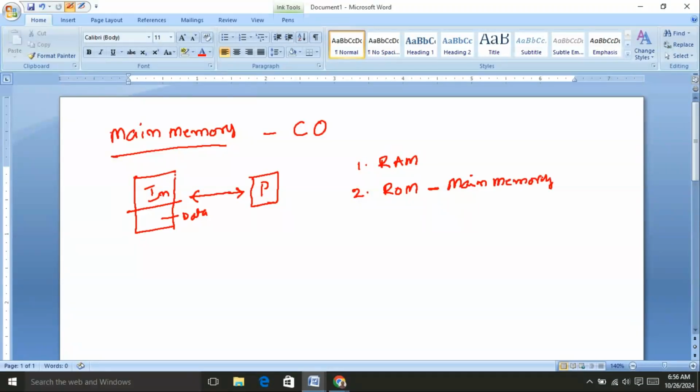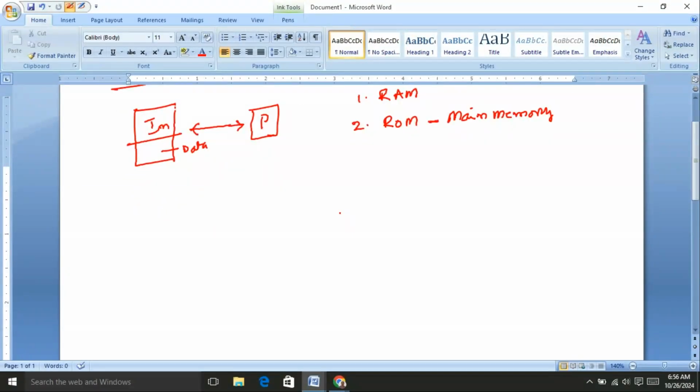Before I go into the concept, I will explain one architecture, especially about the ROM. The ROM consists of only the necessary programs which are used to start the machine.